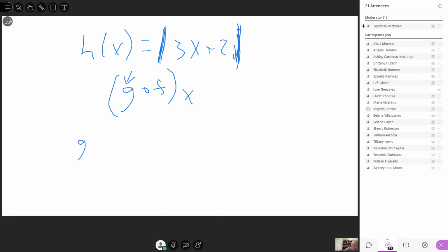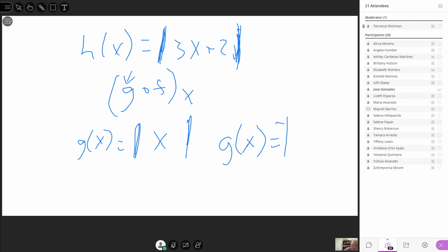So g of x is going to simply equal the absolute value. And we don't know what x is, so we just put a blank in there. We do know x is supposed to be 3x plus 2. So the f of x function is whatever's inside, which is 3x plus 2.